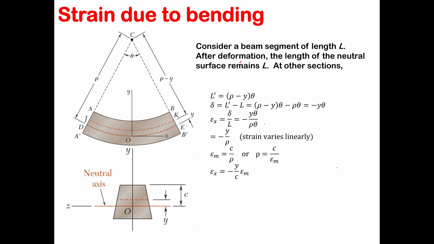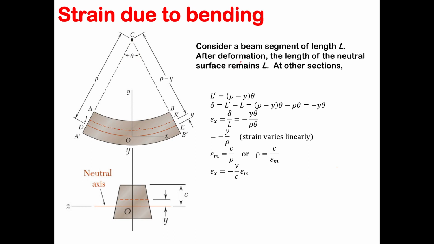The strain is going to be the change of length, right, which is delta over L, which means that L is rho theta, your deflection is y theta, so your strain is going to be negative y over rho. So essentially, we don't need to find the theta here anymore to find the strain.